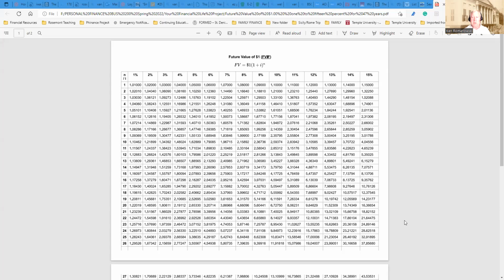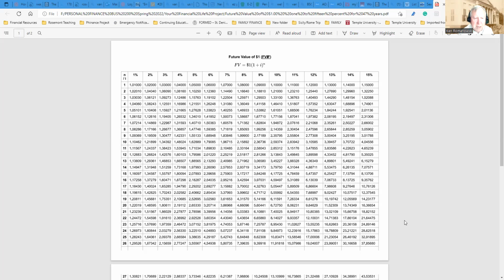So in this case, we're looking for the future value of $1, and that's where we come up with this particular chart. These charts will be similar to the ones in the back of your book, but these go a little bit longer. I recall that when I put this problem together, the charts in the back of the book didn't go for as many years as necessary. So I found these other charts, and I think you'll find them to be helpful.